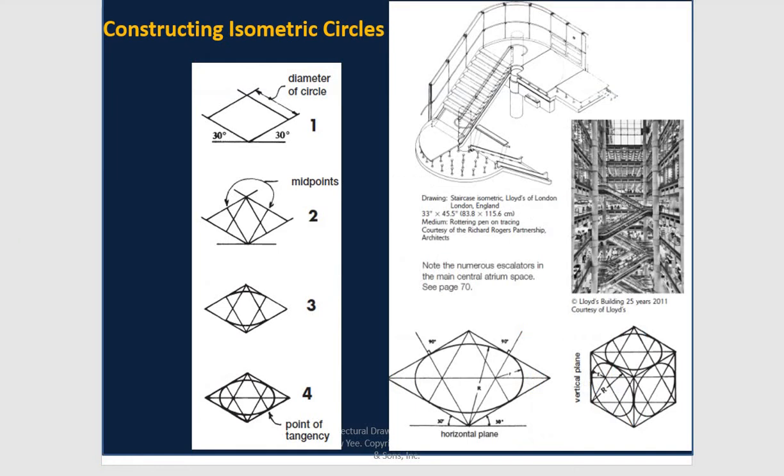Another example from isometric. If you create some kind of curve or oval or circle, the first thing you need to create is the angle. This is a horizontal one, sorry, and you create two equal angle lines. After that, you measure so that this one is equal to this one, and you draw two parallel lines together.